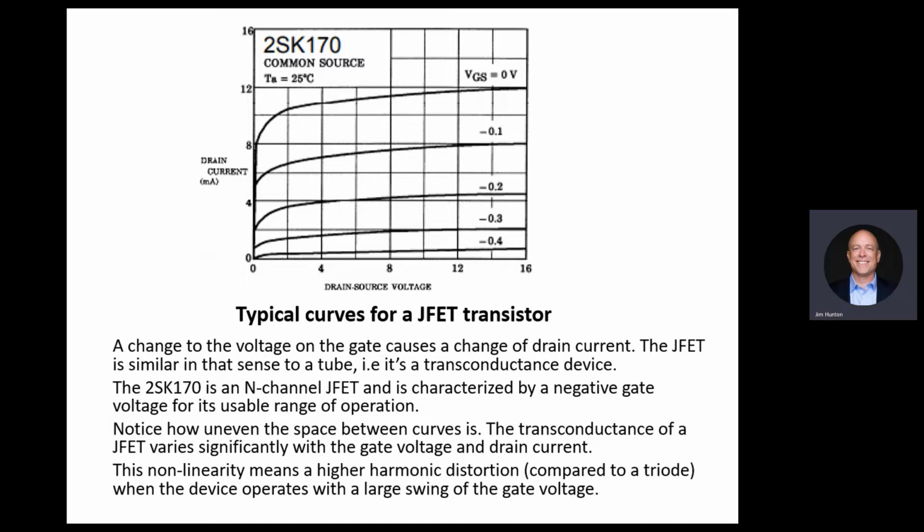So if you're at 12 volts and your input signal moves from 0.4 to 0.3, you only gain like 1.5 milliamp. If you're at 0.2 and you move to 0.1, you gain 4 milliamps. Huge, huge difference. So when you're dealing with JFETs with high swing, like a lot of volts, you got really serious nonlinearity.